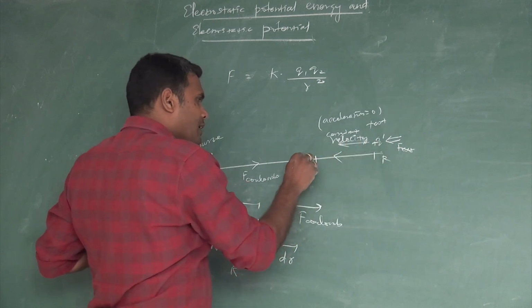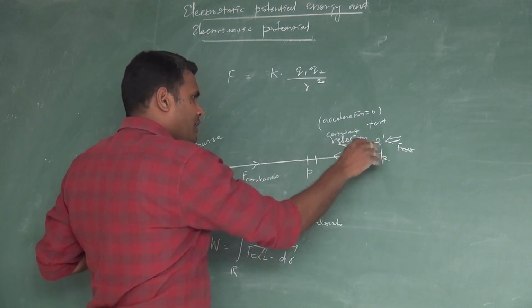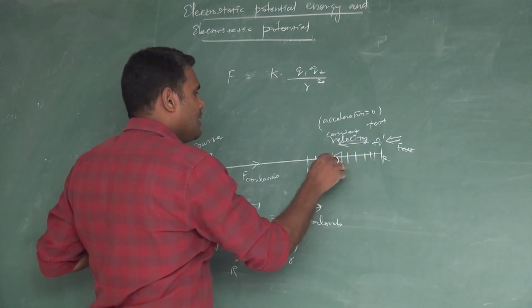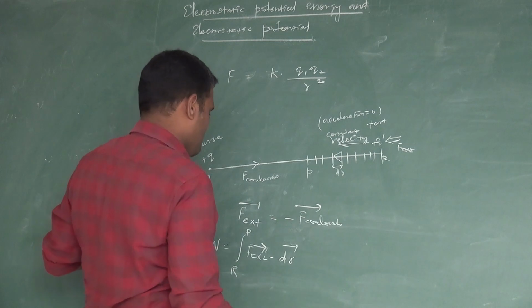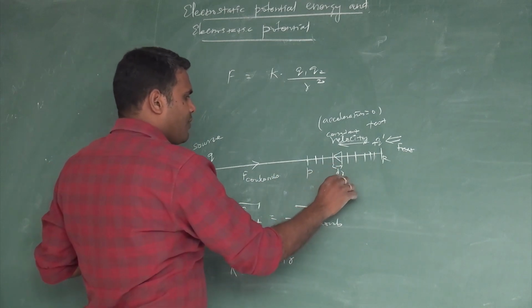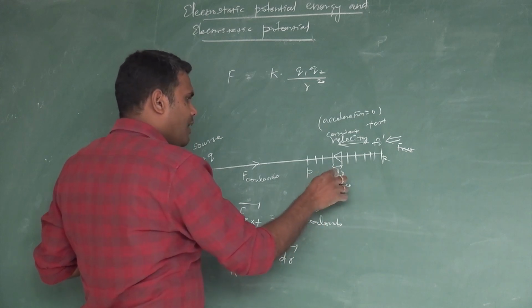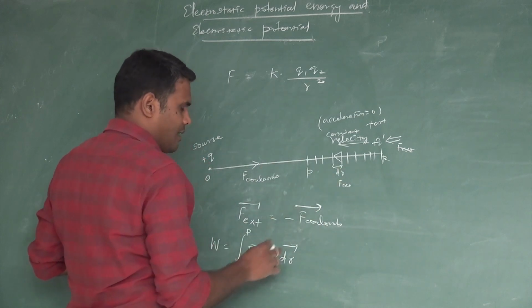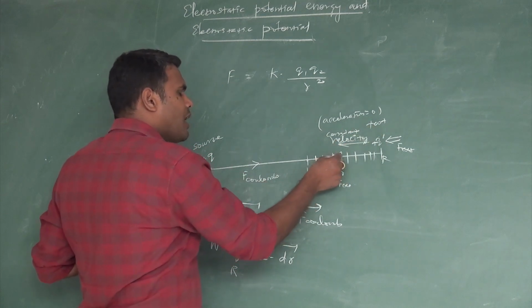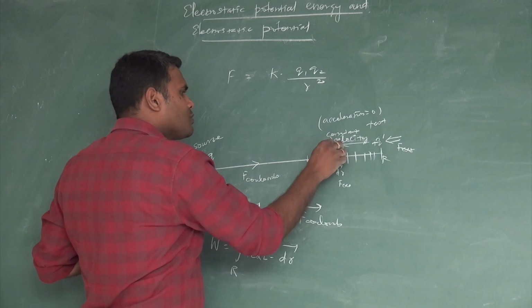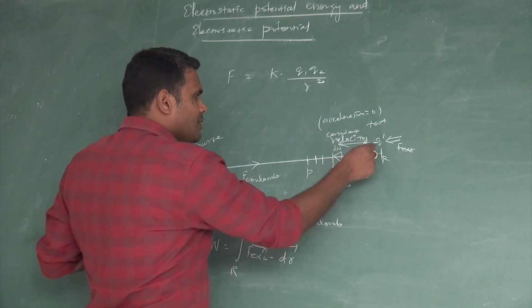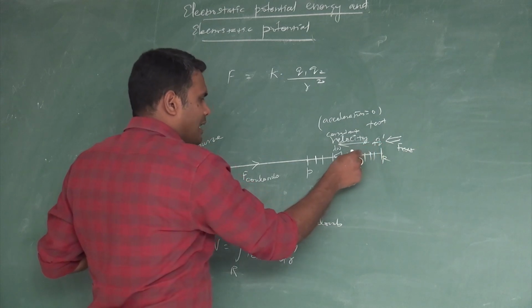So if I divide this distance between P and R into so many infinitesimally small elements of magnitude dr, then if a force F external is applied on a charge q prime to move through a small element dr, that will give you a small work done dW. So what is the work done in each and every element?